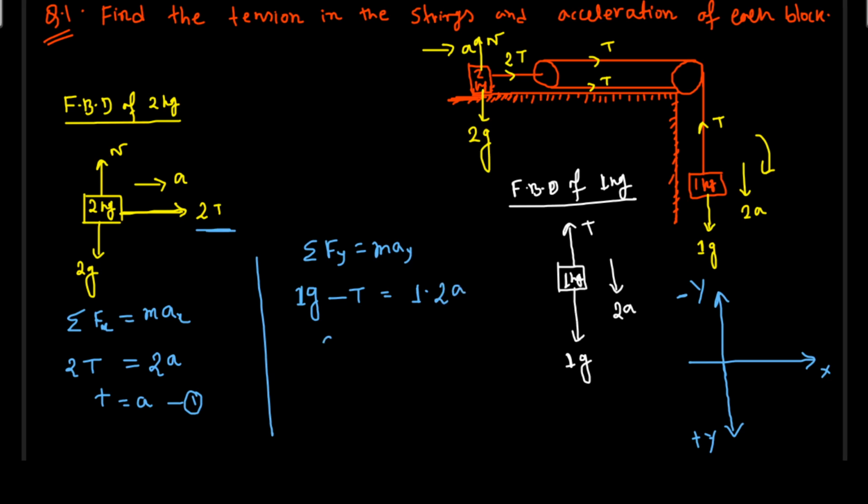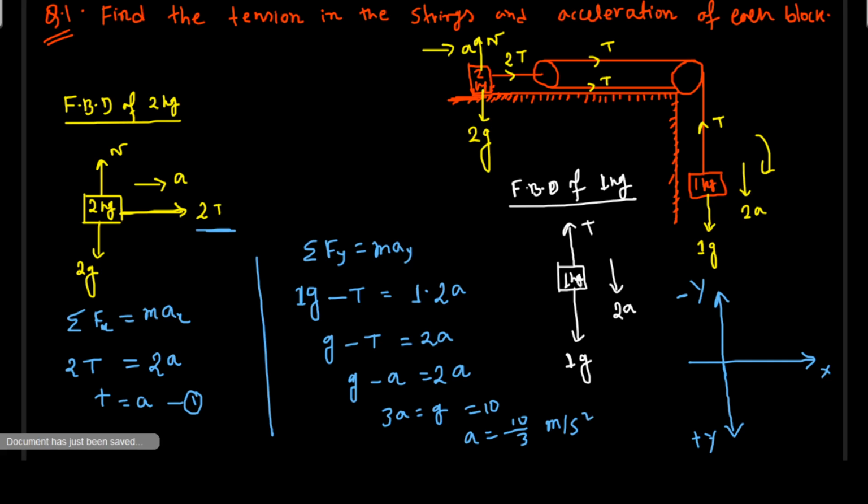So the equation will be g minus T is equal to 2a. Now if we put T as a, it will be g minus a is equal to 2a. So 3a is equal to g, and we can take g as 10. So a will be 10 divided by 3 meter per second square.